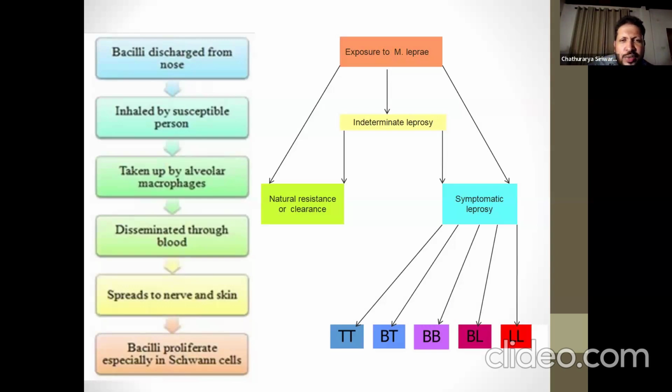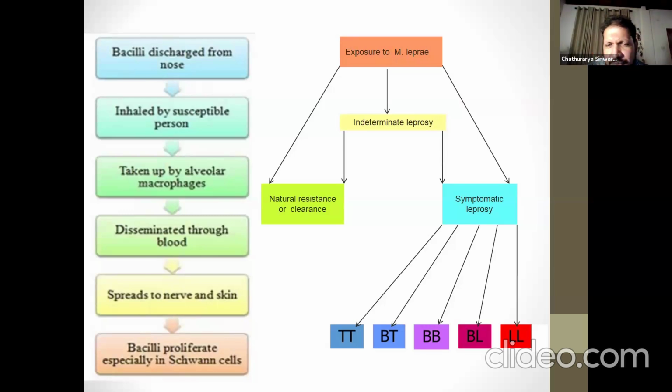So the clinical features of leprosy, depending on our immune response and the virulence of the organism, are like a spectrum, right? So that's what you see at the bottom, TT, BT, BB, BL, and LL. At the left end, we have what we call tuberculoid leprosy, where we have a good cell-mediated immune response.